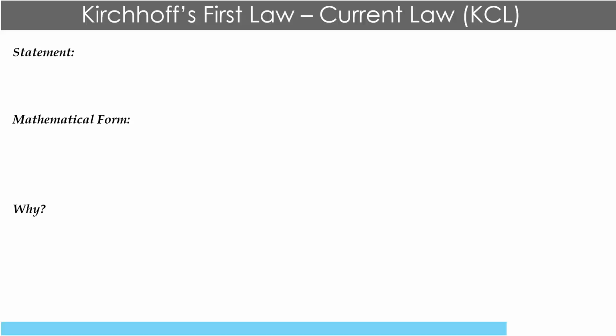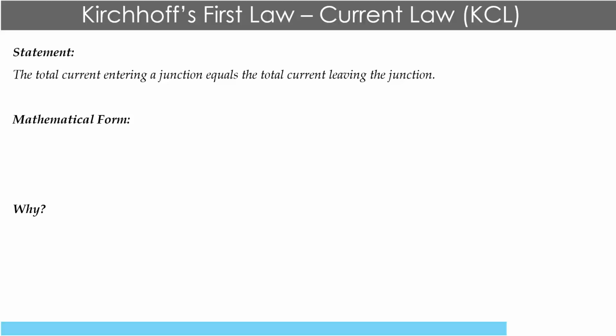The law states that the total current entering a junction equals the total current leaving the junction. So when you have a node or a junction in a circuit, like a branch, the total current entering a particular branch is equal to the total current leaving it.